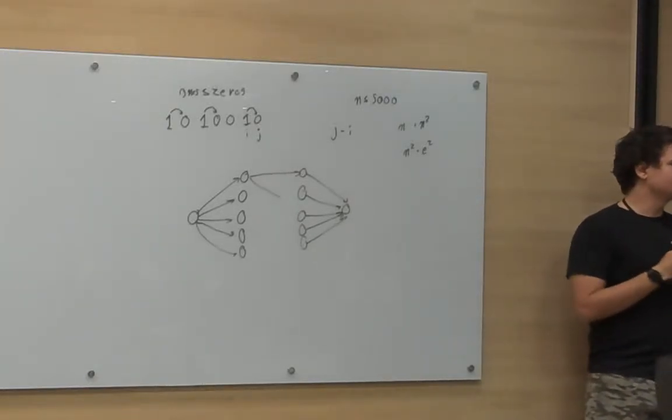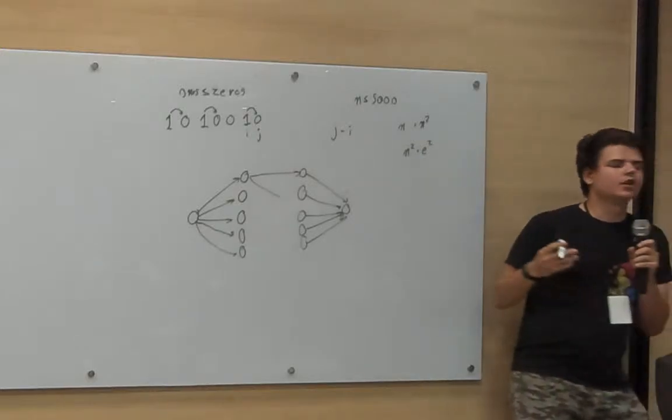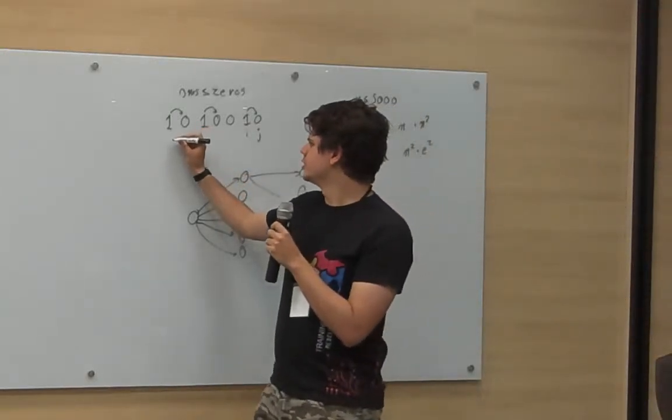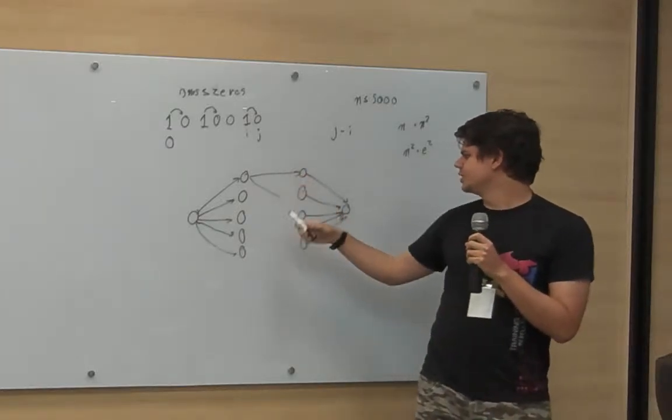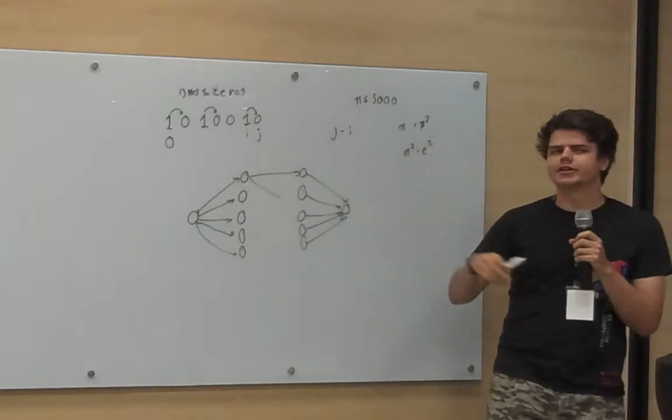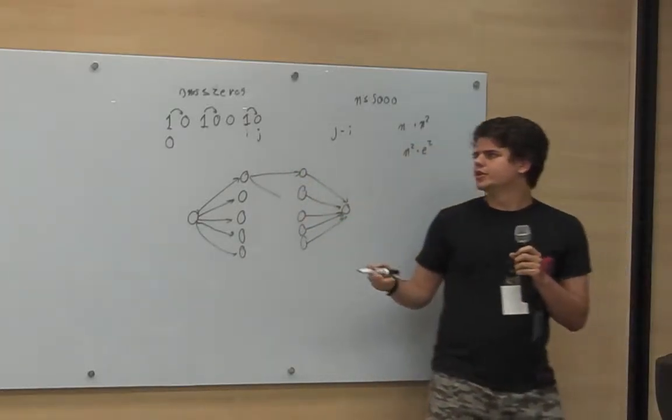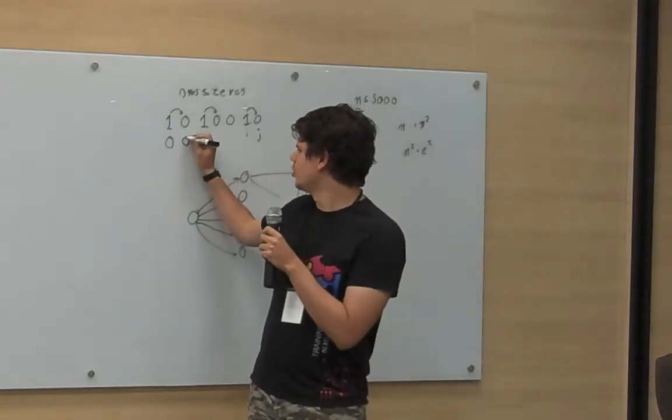So a neat solution you could do to this is, instead of having an edge between everything, that's the problem we had, you could have an edge to only your neighbors.